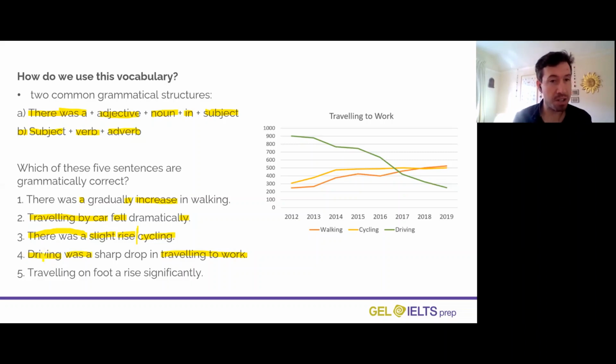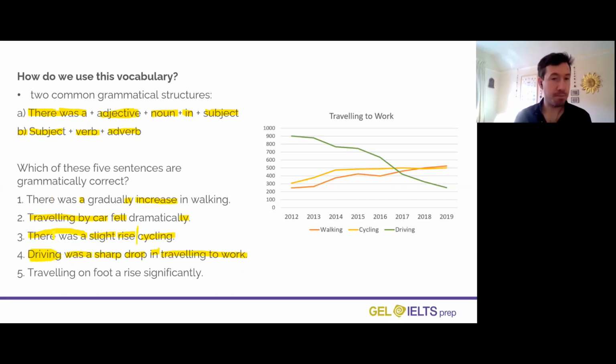We don't want the word driving here. We want the word there. There was a. Sharp is an adjective, so that's correct. Sharp. And drop is a noun, so that bit's fine. And then we've got in, so that bit's okay. But this word here, driving, it needs to be the word there. So this is not correct, this sentence.